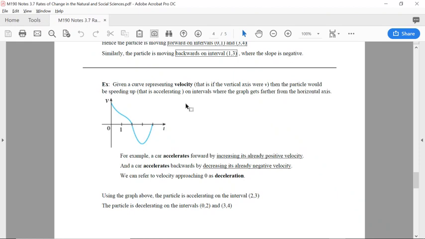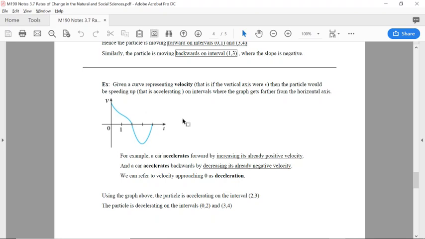Then at t equal to 2, it starts moving backwards, and it accelerates backwards until t is equal to 3. From t equal to 3 to t equal to 4, it's still moving backwards, but it's slowing down as it's moving backwards. So we have an object that moves to the right and comes to a stop, then speeds up a little bit as it goes back to the left, and then slows down and comes to a stop as it goes to the left as well.